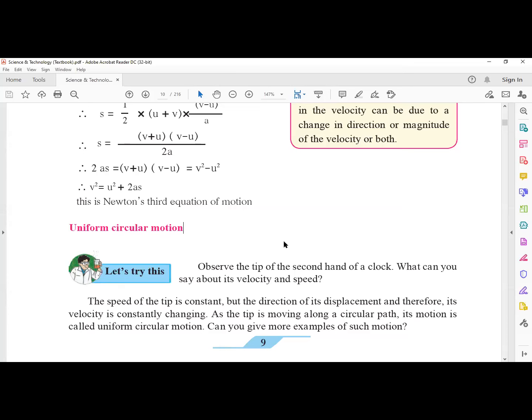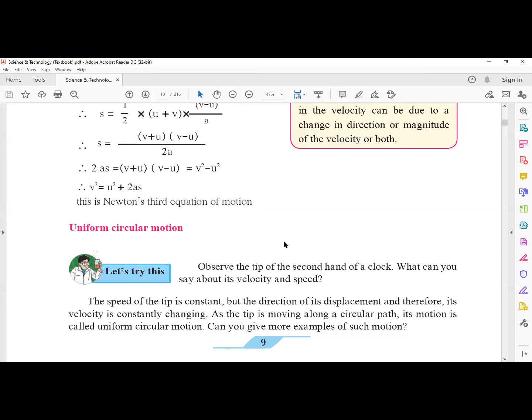Now, what is uniform circular motion? What do you think? To understand uniform circular motion, we have been given this question. Observe the tip of the second hand of a clock. What can you say about its velocity and speed?